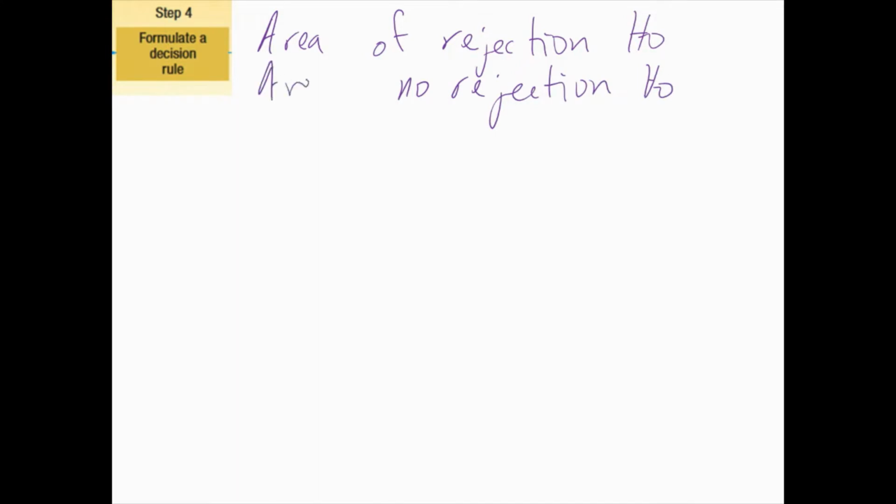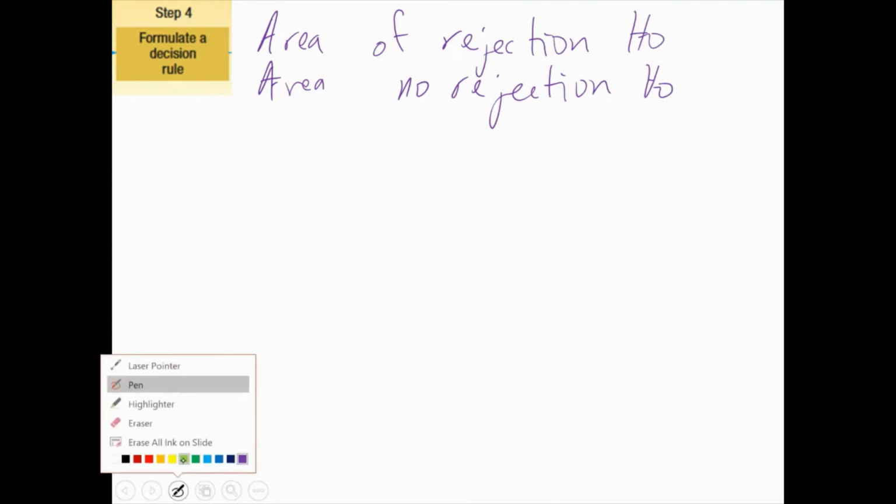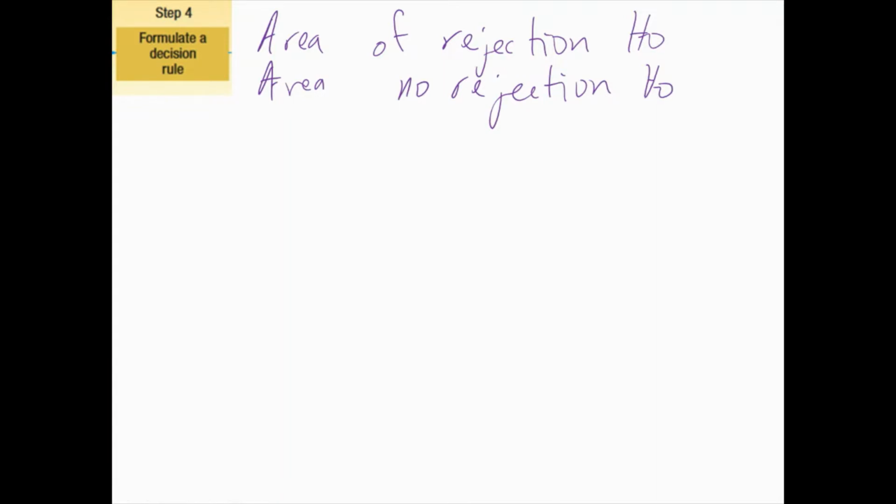So how do we get these areas? We get this by determining the critical value. The critical value is the line on the curve that separates the reject from the do not reject zones.